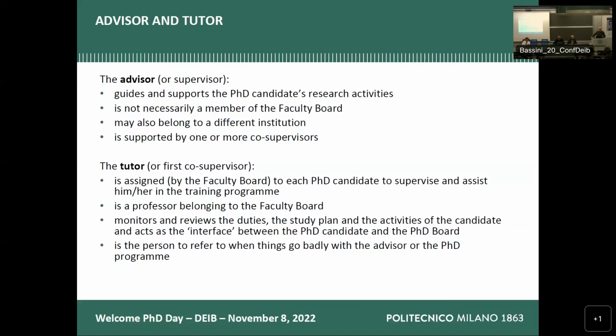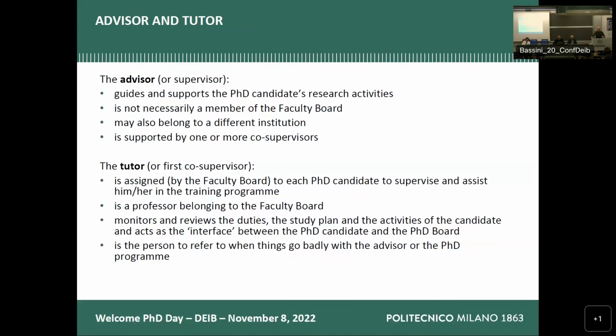And then there is another person, the tutor or first co-supervisor, who is a member of the faculty board and is in charge of controlling that your PhD is going correctly. So this is the person to refer to if something goes wrong during your PhD.